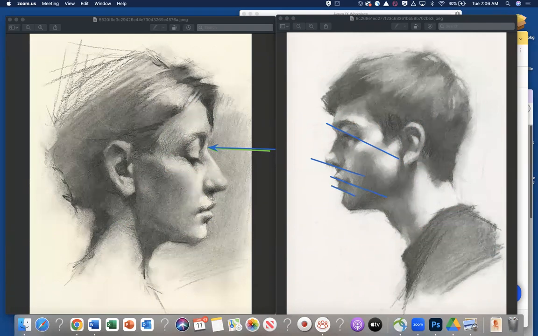Same thing here. If her eye was open, it would be more like this. Even on her hair, part of her hair has these angles. So there's a lot of downward angles. Very structural, very geometric. And then you can soften the geometry as you get deeper into the drawing. All right.